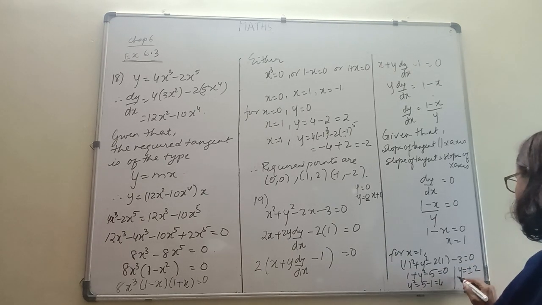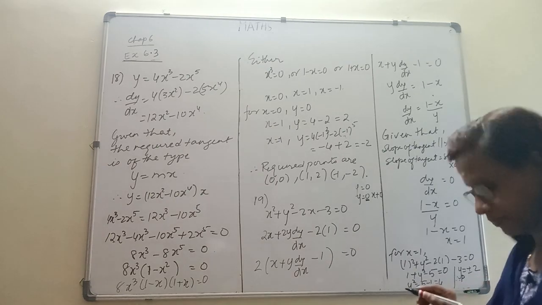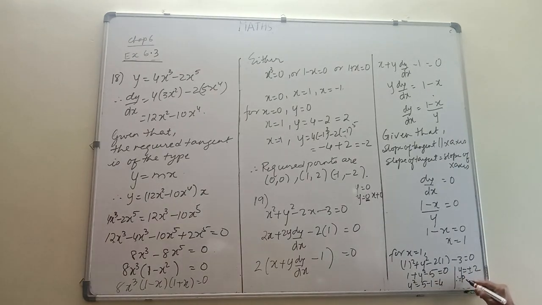Therefore, the points are 0, 2 and 0, minus 2. Sorry, please observe.